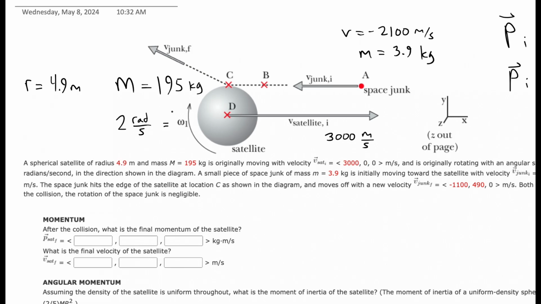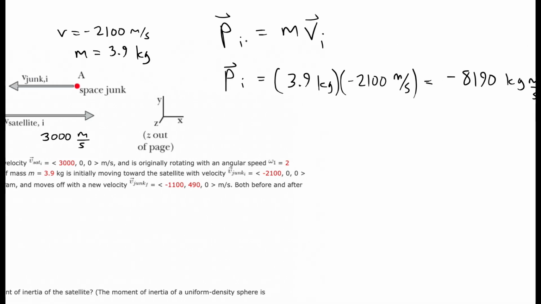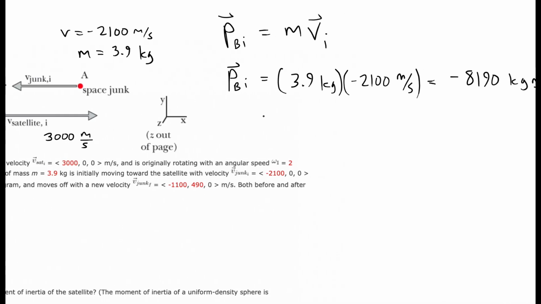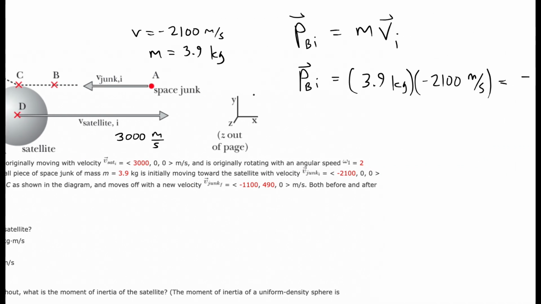I'm going to find the momentum of the satellite as well. So I'm going to call the junk object B, I guess. And then we'll come up with a momentum for our satellite, which could be PA, momentum A. So we need the mass of the satellite times the velocity of the satellite.